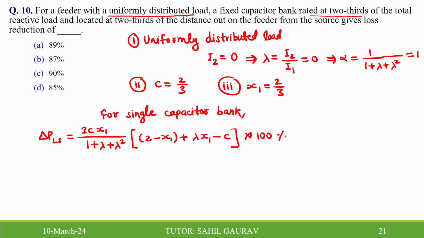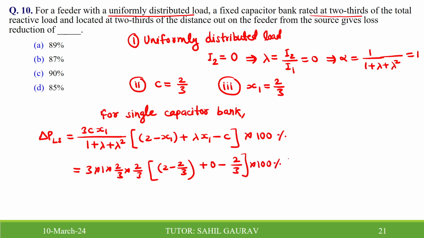So we know that 1 divided by 1 plus lambda square is alpha. So from there, 3 alpha is 1, so alpha is 1. C value is given as 2/3 and x1 value is given as 2/3. 2 minus 2 upon 3 plus lambda x1, lambda is 0, minus c, which is 2/3, into 100%.